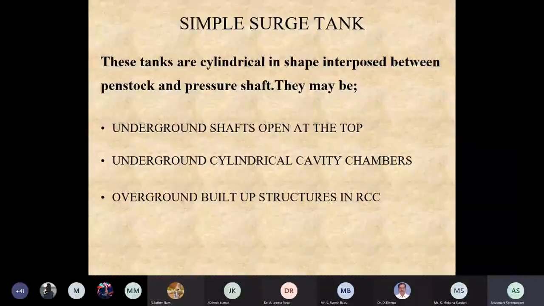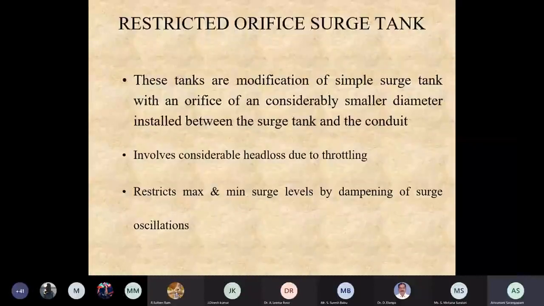Restricted orifice is another type. This is a modified simple surge tank, with an orifice of considerably smaller diameter installed between the surge tank and the conduit. Whenever I have a very high head, to release my head I need a surge tank, and there may be an area constraint at the surge tank location to build such a big diameter.